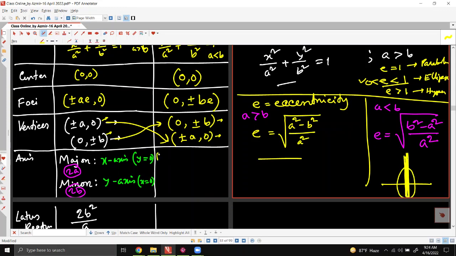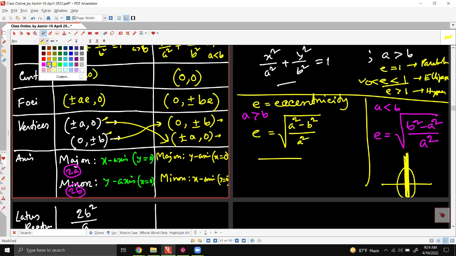So the major axis will be the y-axis, that is x equals 0, and the minor axis will be the x-axis, y equals 0, and the length of the major axis will be 2b, and the length of the minor axis will be 2a.